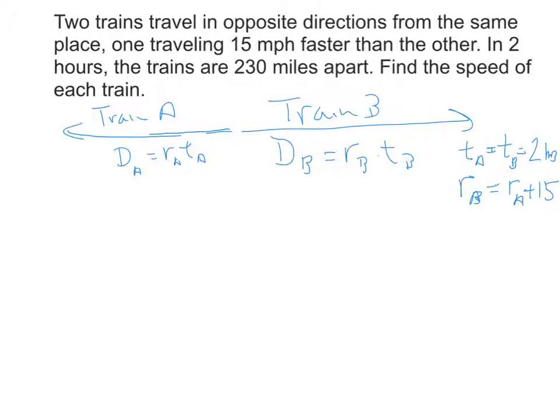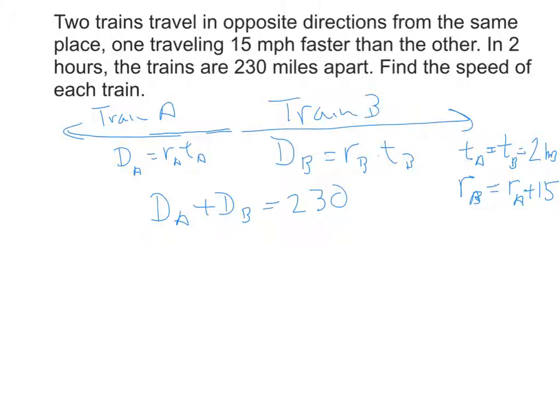In other words, it's 15 miles an hour faster than the other. I picked train B only because I've drawn it so that it looks like train B has gone a bit further. The other connecting equation is that the two distances added together is 230 miles. This is our connecting or main equation.